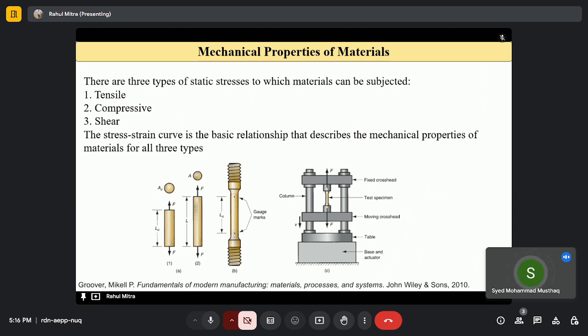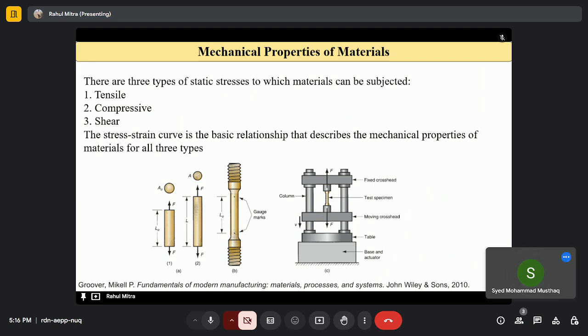If you want to use the material in damping conditions, like to absorb the energy, use a harder material than the more ductile material, right? Because the higher the ductility, the more the material will deform. For example, if we are using some materials to take the force, like springs, to store the energy and again to give it back.